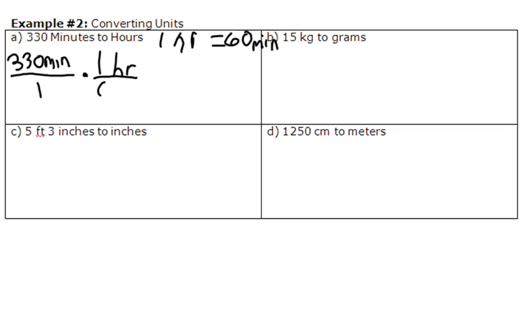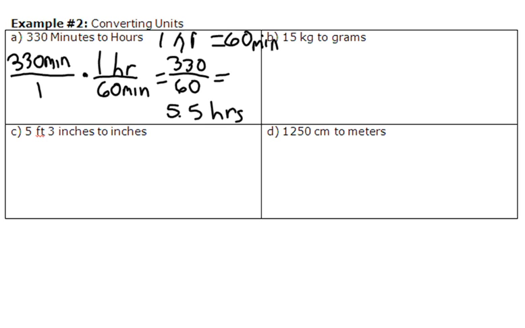The minutes go on the bottom. So from there, I'm just multiplying across. I'm taking 330 times 1, which is 330, 1 times 60, which is 60, and then I actually divide these two. Now when I divide them, I want to get the decimal, not the fraction. So if I divide 330 divided by 60, I get 5.5, and it's hours.